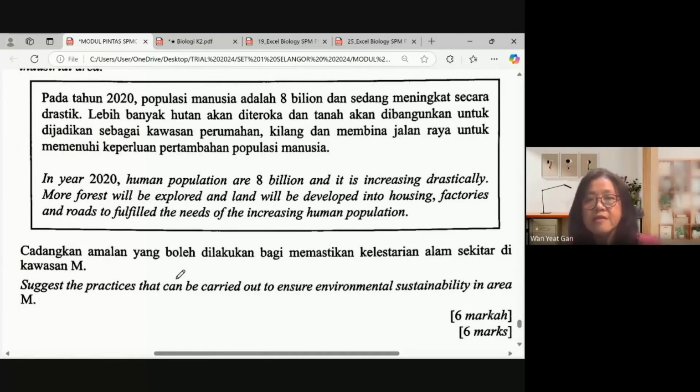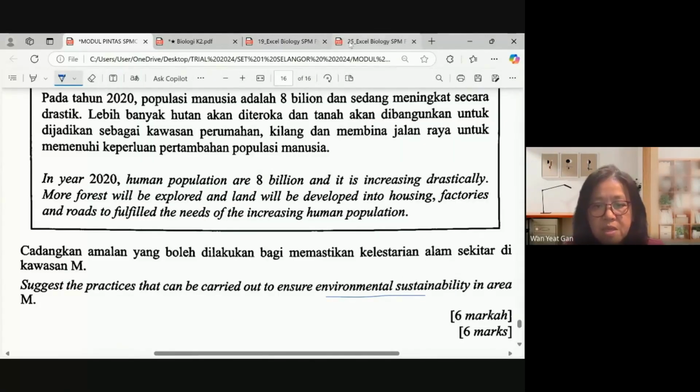environmental sustainability. Okay, so here now we want to see the practices. What are the practices that we can do to ensure environmental sustainability? Now let's look at the word environmental sustainability first.